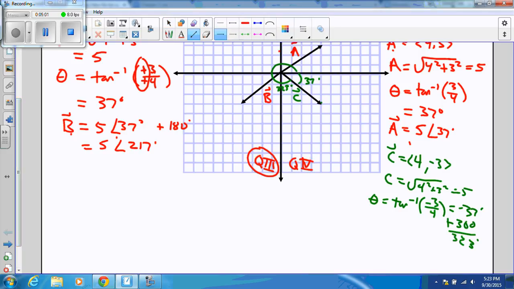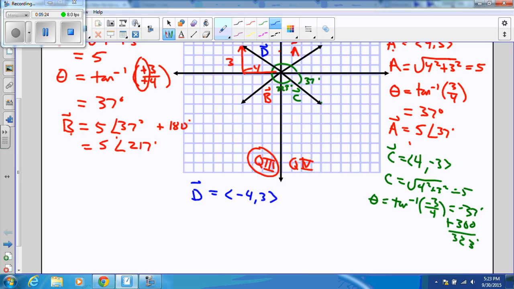Okay, well that's fine. But then when I go over to quadrant 2, and I create now a vector -4 and 3, and let's call this vector D. So D is equal to -4, comma 3. And if I compute the magnitude, to nobody's great surprise, I get 5. If I compute the angle, then I try inverse tangent of y over x, which is inverse tangent of, would you look at that?